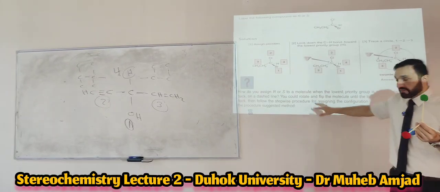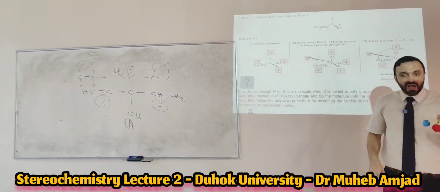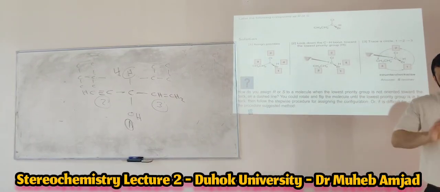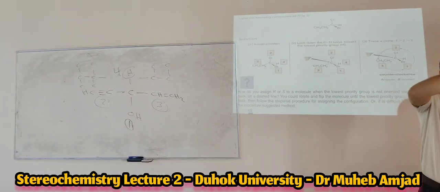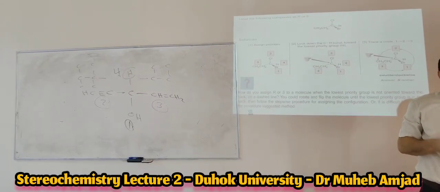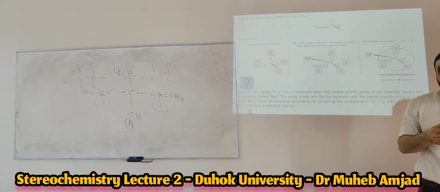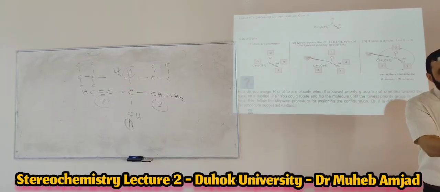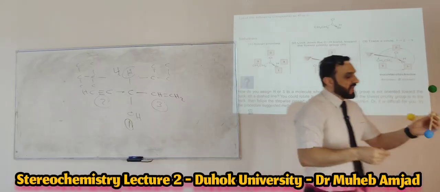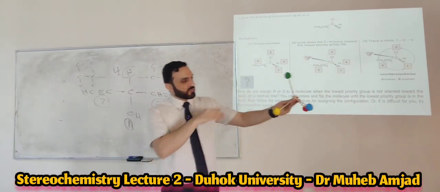So we have a system here for how we can draw the structure after we make the rotation. Why? Because when you apply the R and S system, we always have to put the lowest priority to the back side. So now, where is my method? I look from here, where is the hydrogen?